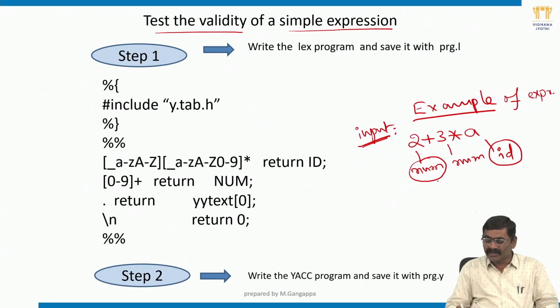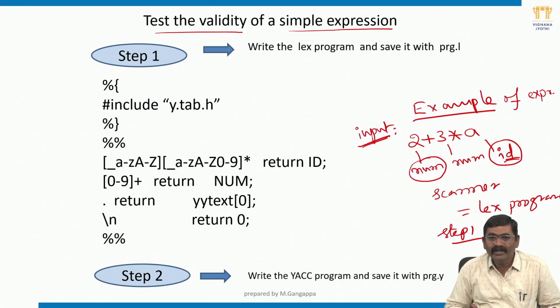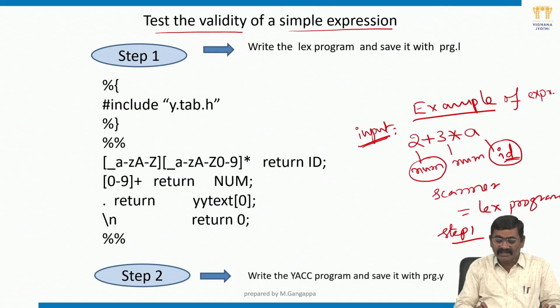Therefore we need to write a scanner program. A scanner program is also known as a lex program. The scanner only can understand numbers and identifiers. So the lex program should be written here. That is the first step, step number 1. Now I am going to explain step number 1. In step number 1, we should write the lex program to recognize the number as well as identifier.